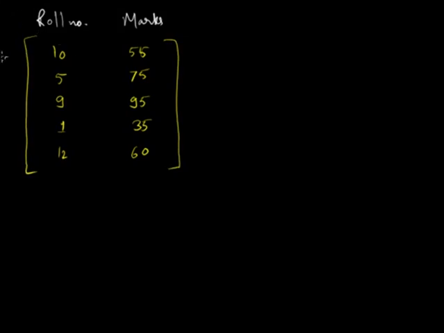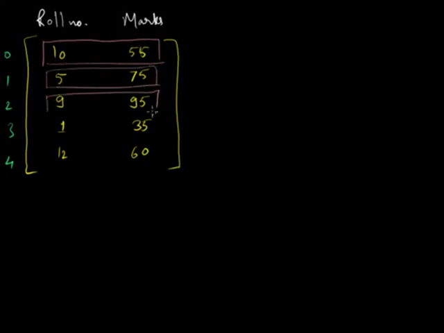It has columns starting from 0, 1, 2, 3, 4. So it has in all 5 rows. Now what you can see is if you can club each row, if you can separate each row. So this is one row, this is another row, this is the third row, this is the fourth row, and this is the fifth row.